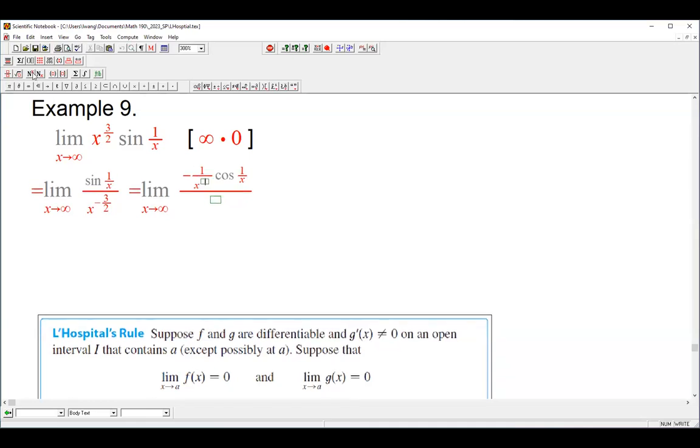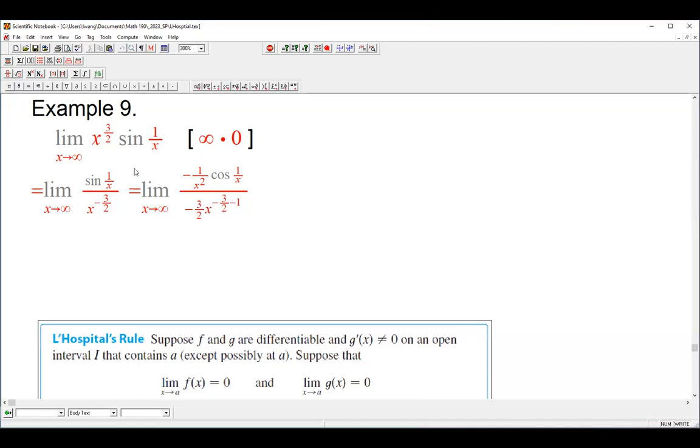The reason I write it this way is because we don't want to confuse. And the derivative of the latter one is x to the power of negative 3/2.